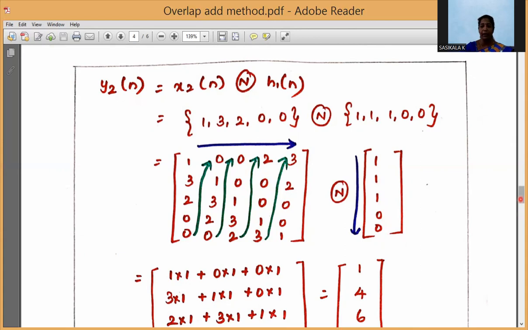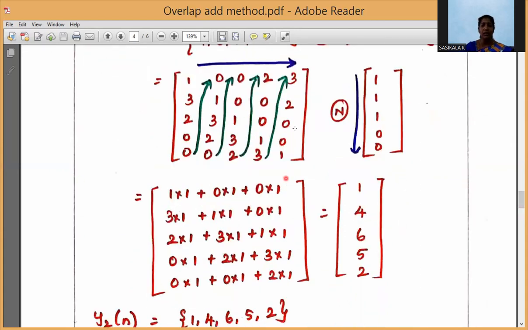Now you have to multiply this row by column. See, listen, here the fourth and fifth element are 0 and anything into 0 is 0. Here I have not taken the fourth and fifth element. So the first 3 elements are multiplied by this first 3 elements. So 1 into 1 plus 0 into 1 plus 0 into 1.